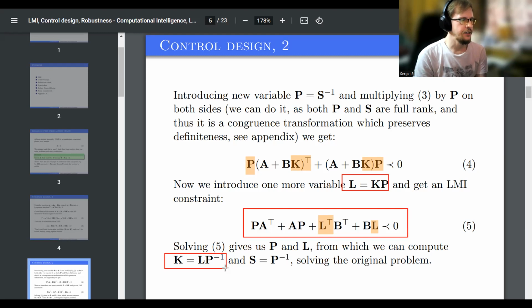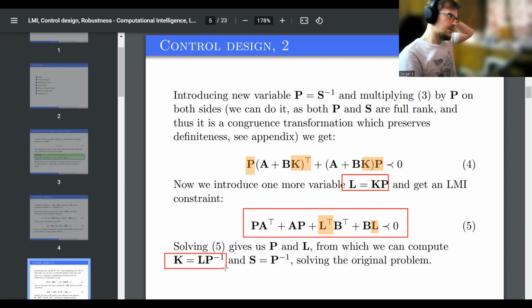But this is perfectly good. K is perfectly good. Right? Any questions about this derivation? Right, no questions.